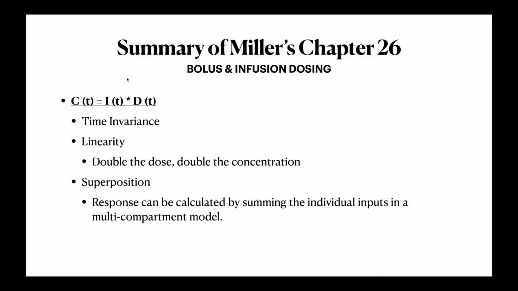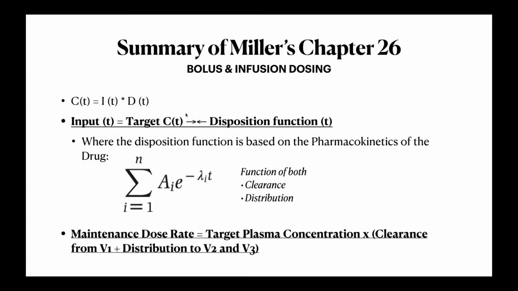The most important bit here is this equation up on top, where the concentration of drug with respect to time equals the input of the drug as a function of the disposition of the drug. In other words, what happens to the drug after it gets delivered. The way the algorithm calculates the infusion rate is that they get your target concentration, and this symbol here is the deconvolution.